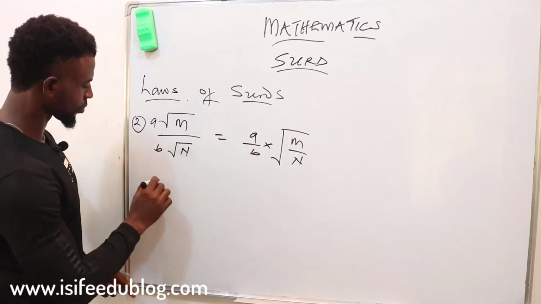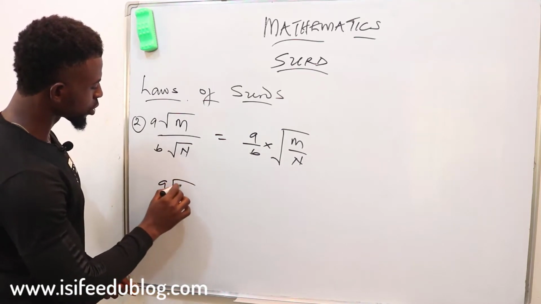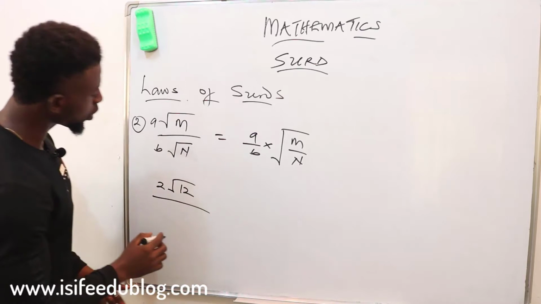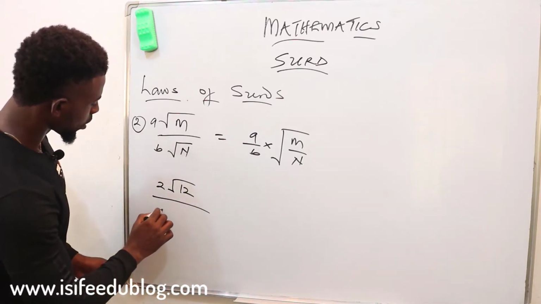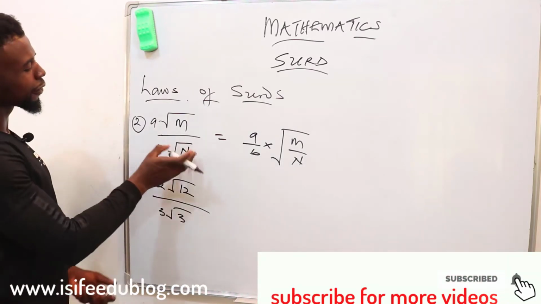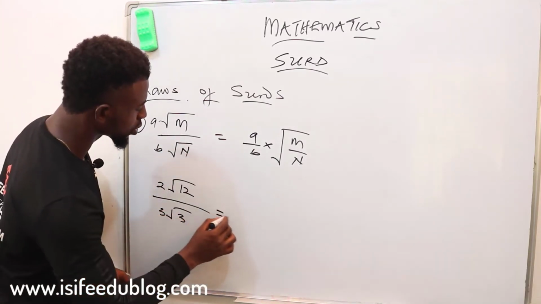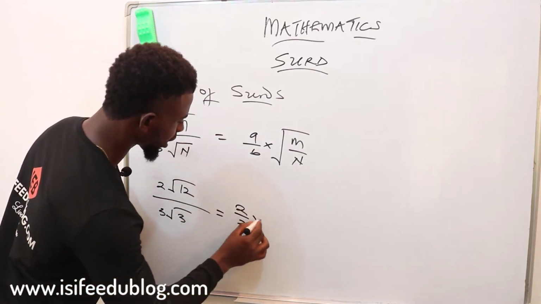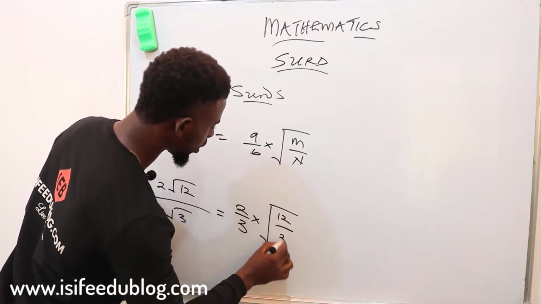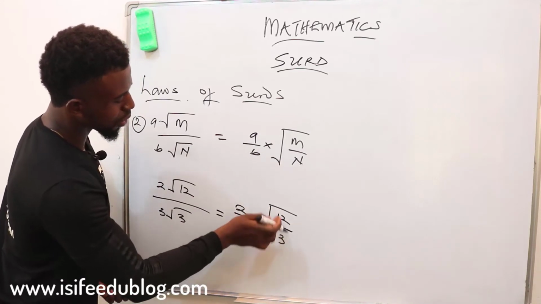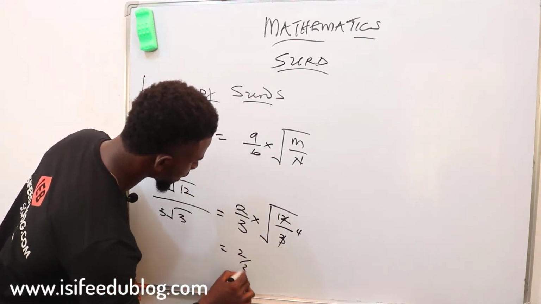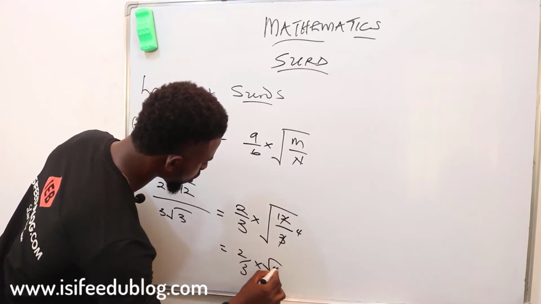So if I have, let's say, 2 root 12 all over 3 root 3, from our second law the solution is equal to 2 over 3 times root 12 all over 3. Now we know that 12 divided by 3 will give us 4. So we'll have 2 over 3 times root 4.